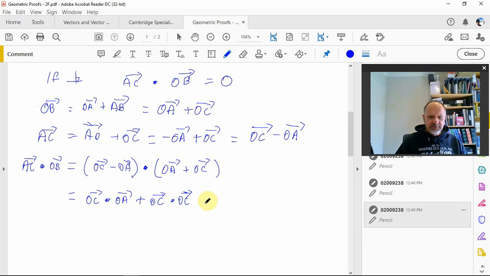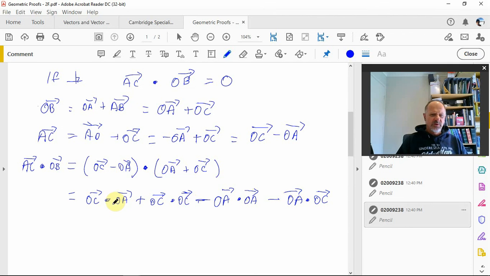Then we've got minus the dot product of OA with itself. And then minus the dot product of OA with OC.